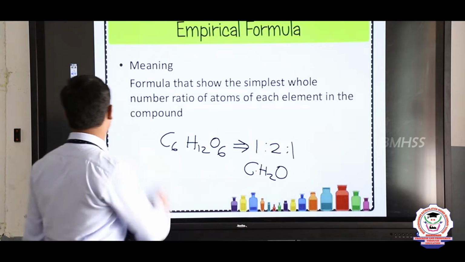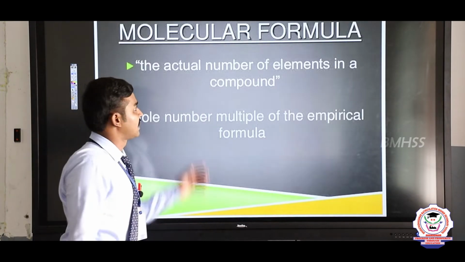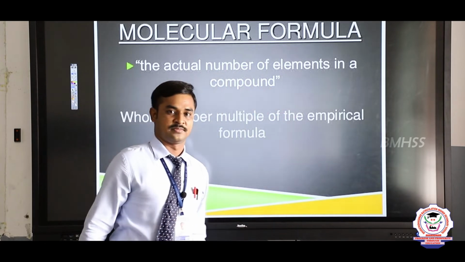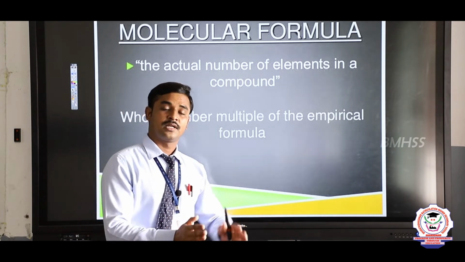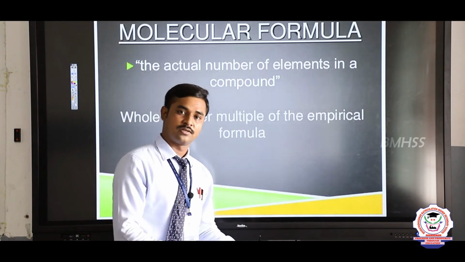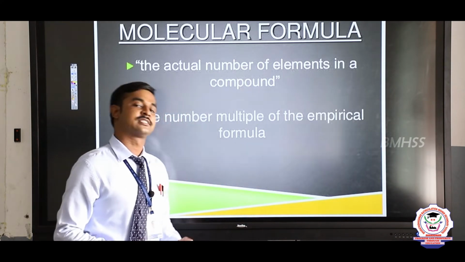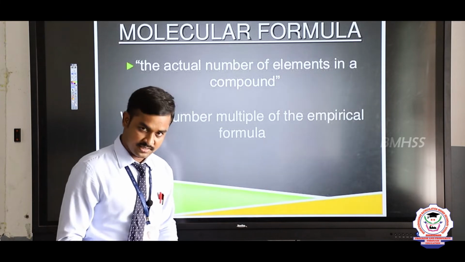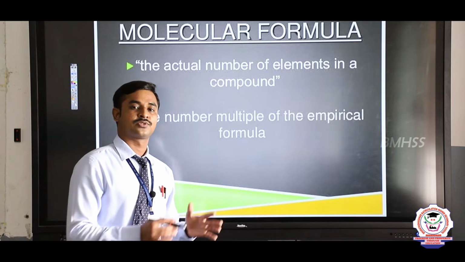So, what is the molecular formula? The actual number of atoms of each element present in the compound is the molecular formula. In the molecular formula, we need to write the accurate, actual number of elements present in the molecule. For example, the glucose molecule C6H12O6 is a molecular formula. Each glucose molecule contains 6 carbons, 12 hydrogens and 6 oxygens.